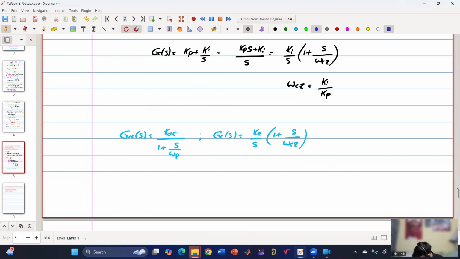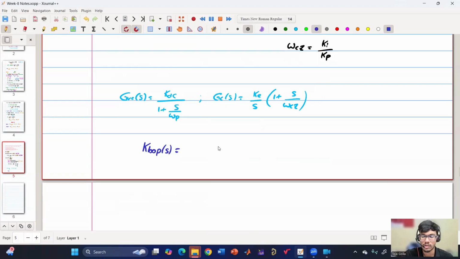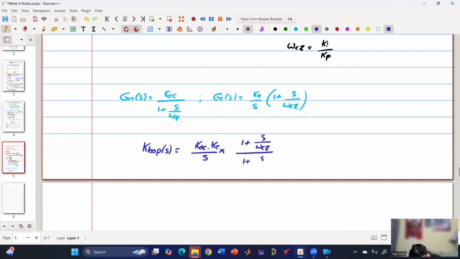So now what is my loop transfer function, K loop of S, anyone? KDC into Kc by S. Yes. Actually, the other two terms are also there, but because of the pole-zero cancellation, this is cancelled against this.